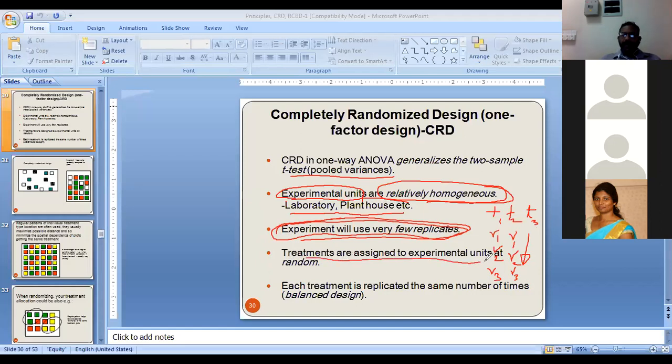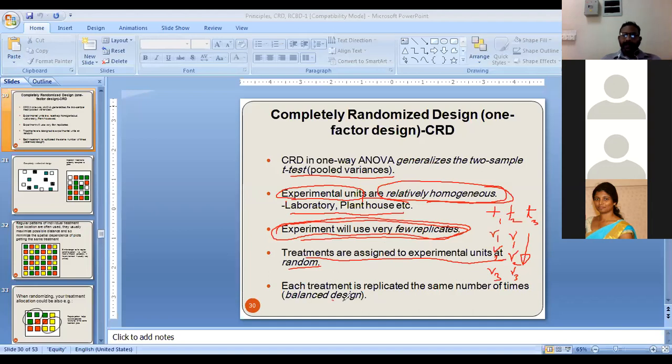Treatments are assigned to experimental units at random. That is true not only for this design but for any design, RCBD, which we will come to later. In any design, treatments are assigned on a random basis to all the experimental units.